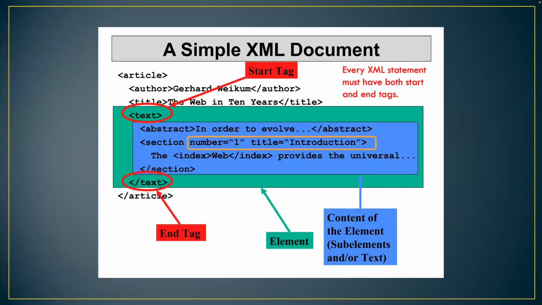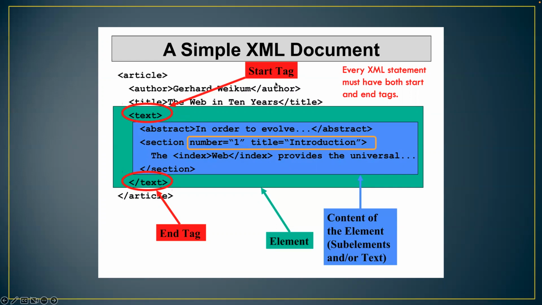But in XML, this structure must be complete so that when this piece of information is processed by someone, this person or machine can know the boundaries of this statement. This is very important for XML.